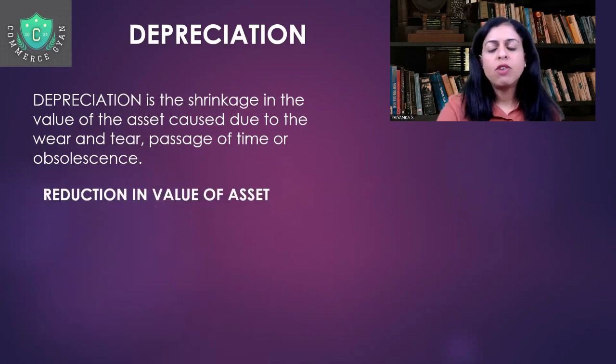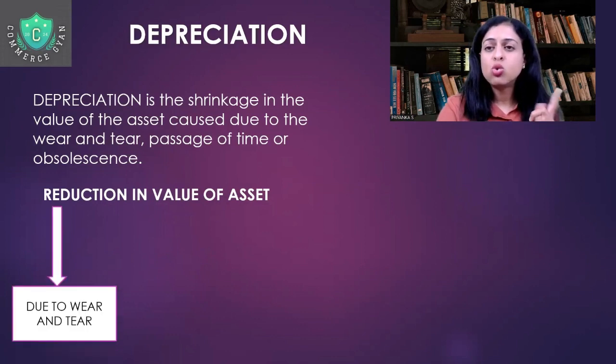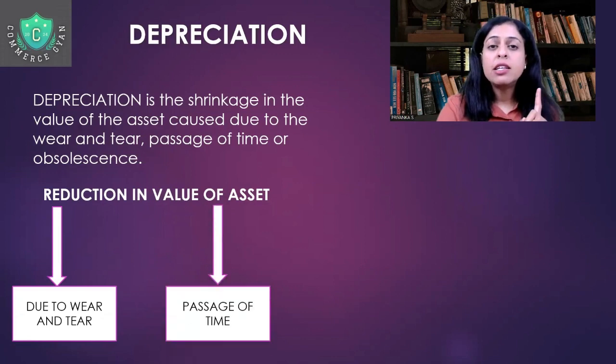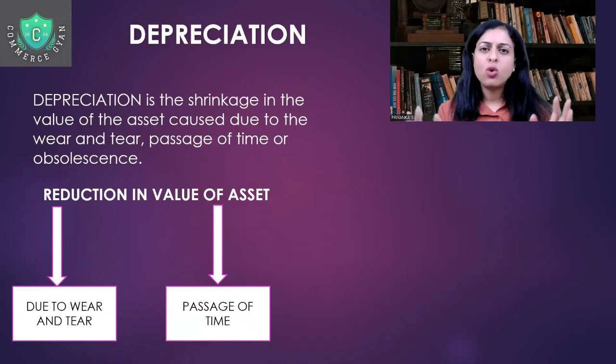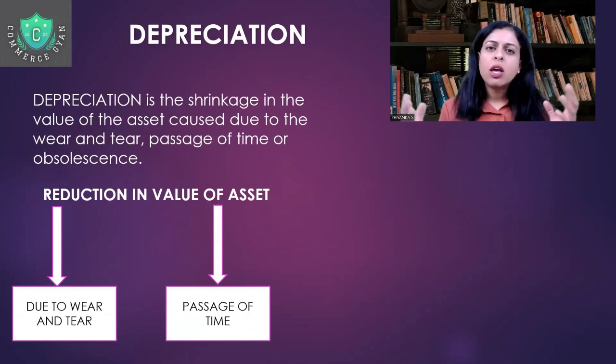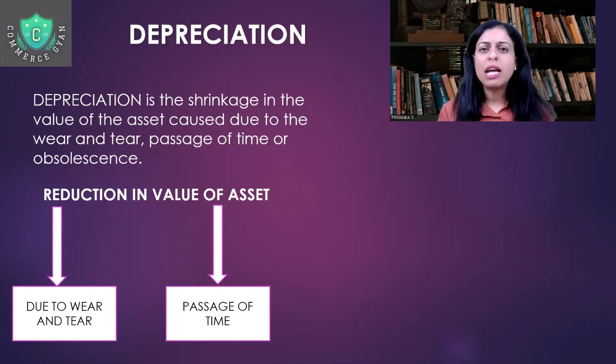Let's revise it quickly. It is reduction in the value of the asset, and this reduction is due to wear and tear, correct? And secondly, it is also due to passage of time. So even if I buy a car today and keep it in front of my house for the next 5 years, I'm not going to use it, right? But after 5 years, a person comes to me to buy the car.